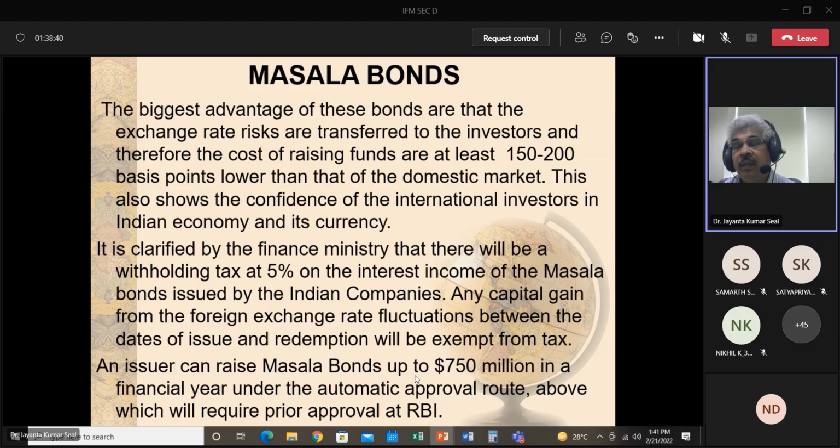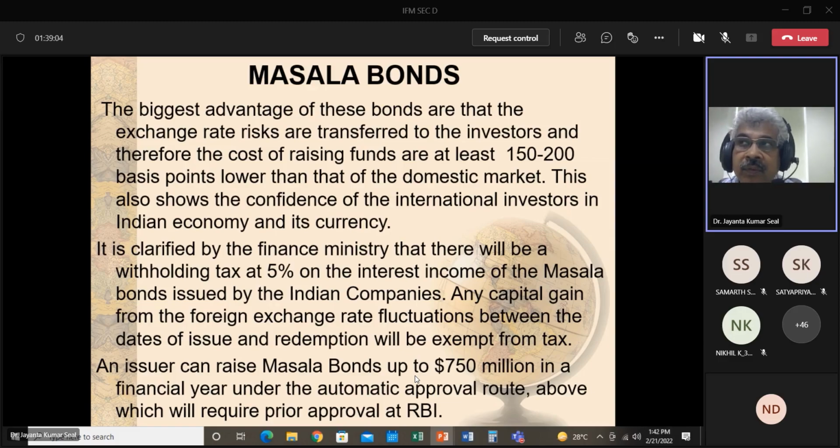Now remember, even if the rate of interest is low, it is still higher than the rate of interest available in their country. Suppose you invest in a dollar denominated bond in their country, you'll get an interest rate of say 0.5% or maybe 1%.